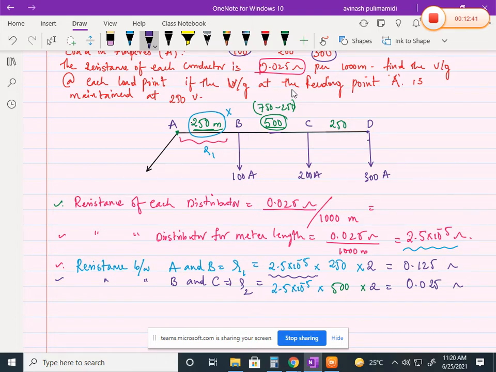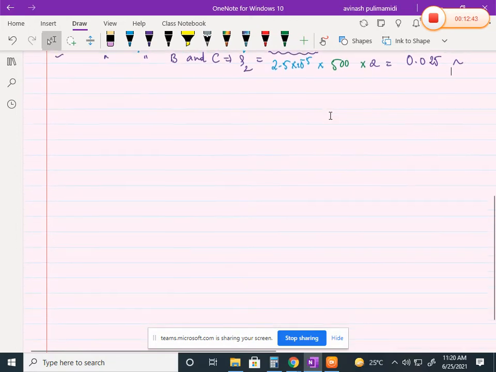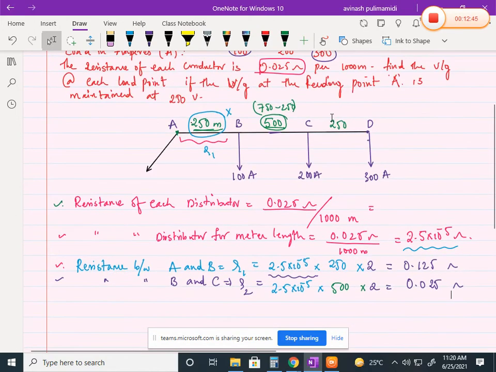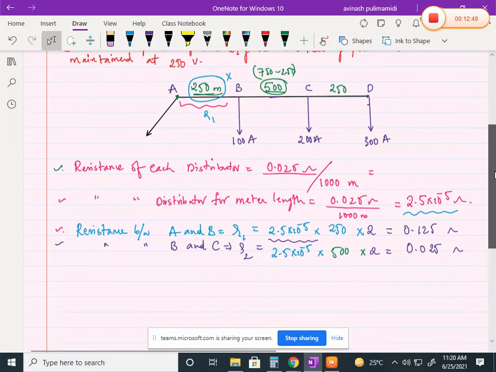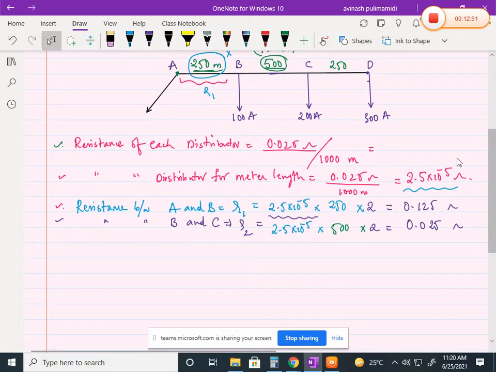Next is CD. The next will be the resistance between C and D. Let us take this one as R3.